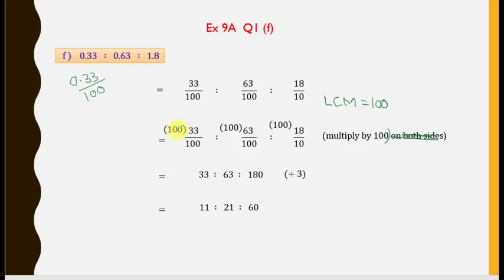As you can see, 100, 100 cancelled. We have 33. 100, 100 cancelled. We have 63. And then 10, this 0 will be cancelled. 10 into 18, we have 180. Now we will divide all these values by 3, and we have this answer. So 11 is to 21 is to 60 is the answer of part F.